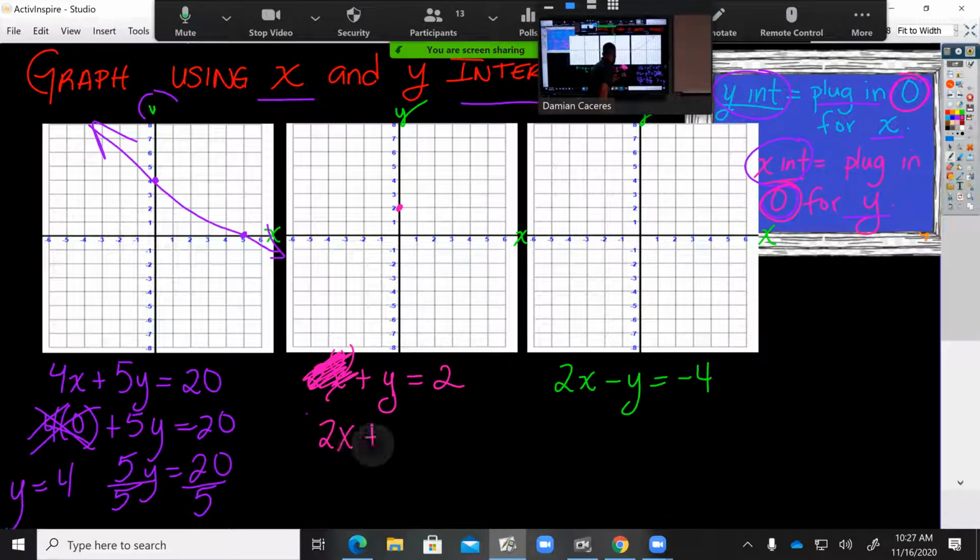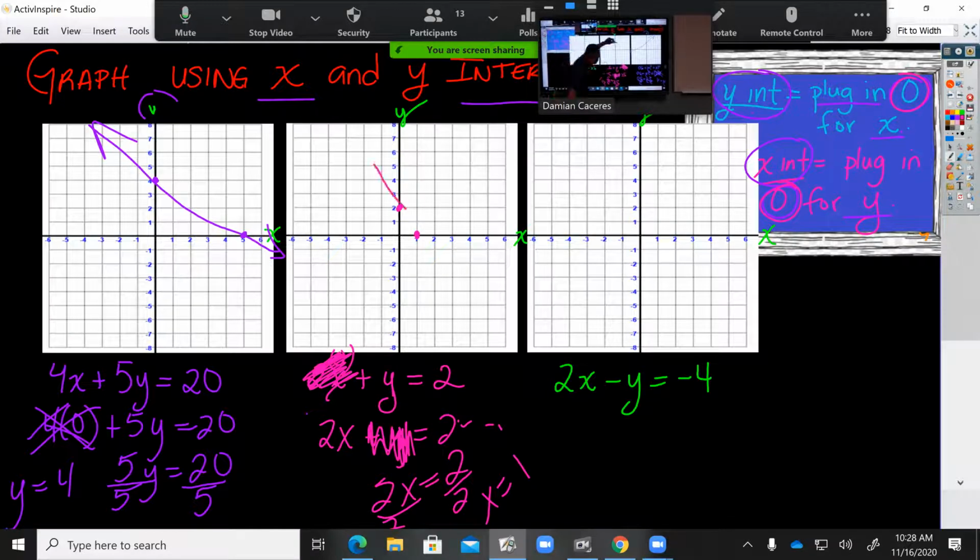Now, we write the equation down again, but instead of y, it's 0, which means it disappears. What's left? 2x equals 2. Let's solve that. Divide both sides by 2, and you get x equals positive 1. That means on the x-axis, you just mark positive 1. Now that I have 2 dots, draw my line. So far, so good? Any questions on that one?